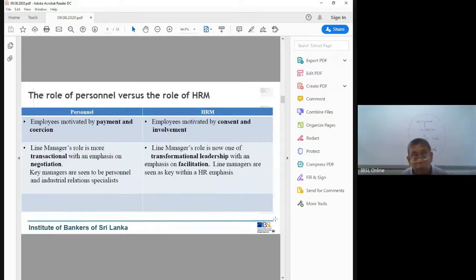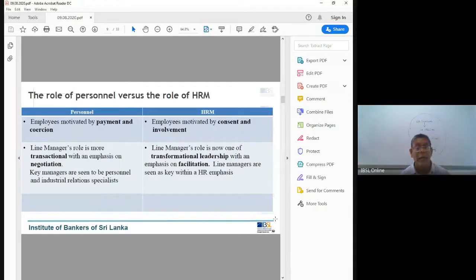Okay, now you know what personal management is and the difference between the role of a personal manager, now changed to HR manager. The role played by an HR manager is totally different from the personal manager.